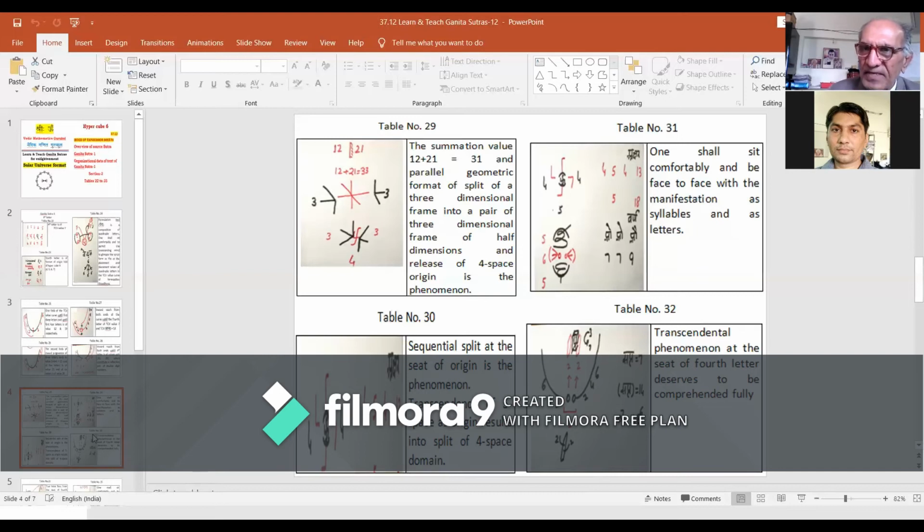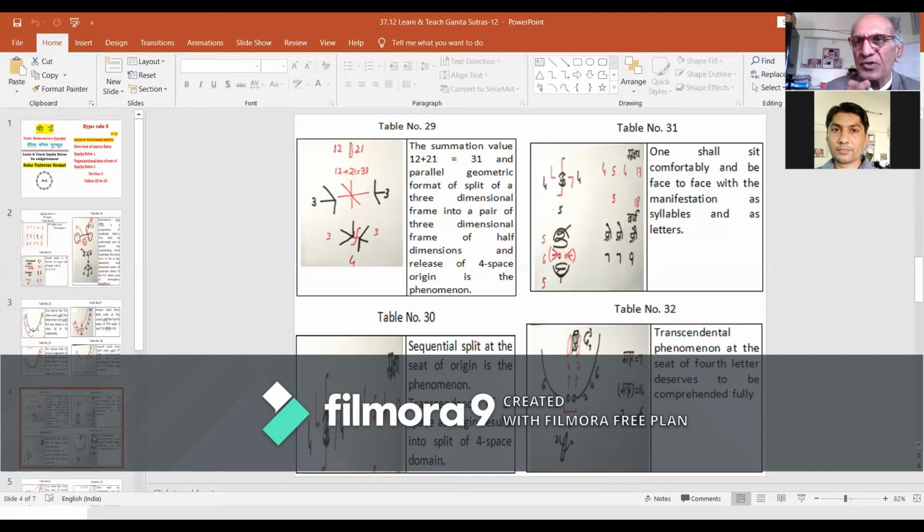It is for space. A step ahead of the split of a three-dimensional frame is the phenomenon of split of four-space dimensional domain. This split will amount to the transcendence of five space as an origin of a fourth space.